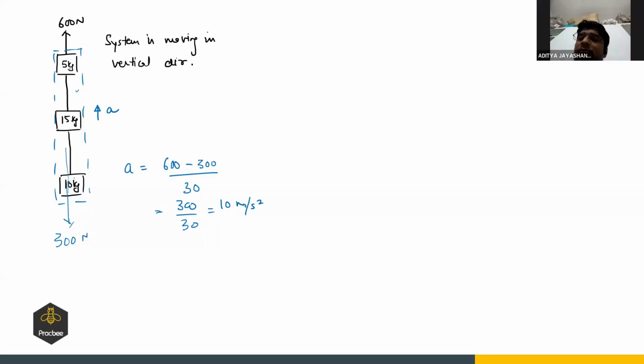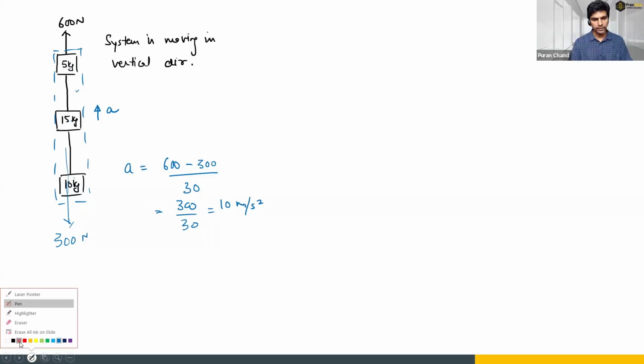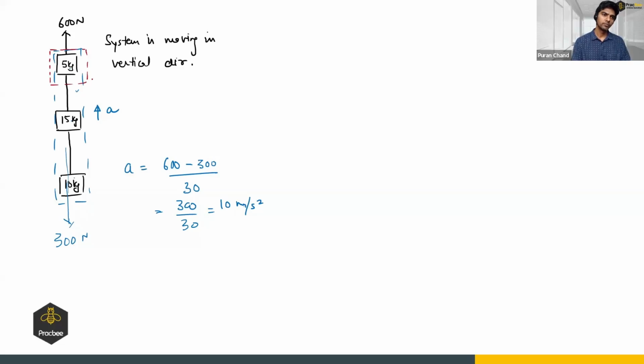Okay, right. So suppose I want to find the tension in this first string. So what you can do? Either you can consider this as your system, or you can consider this as your system. Both subsystems will give you the answer, right?